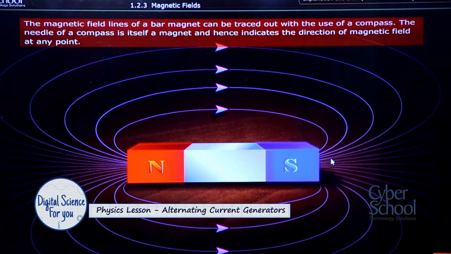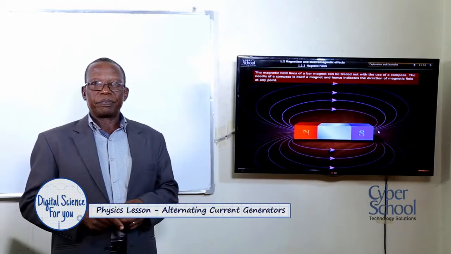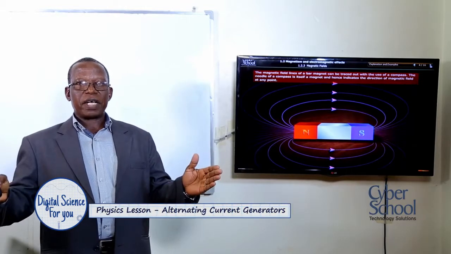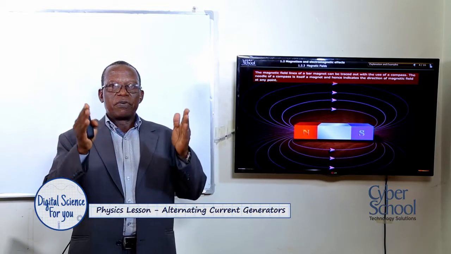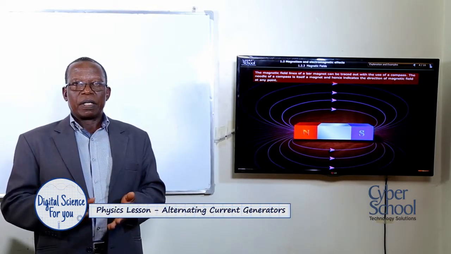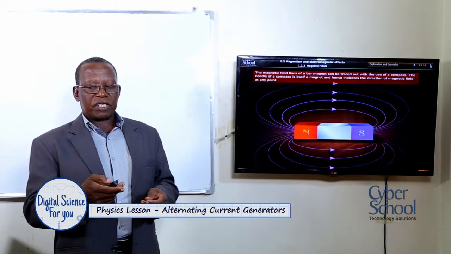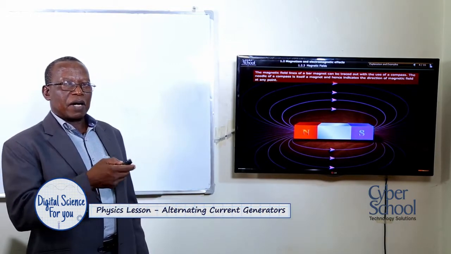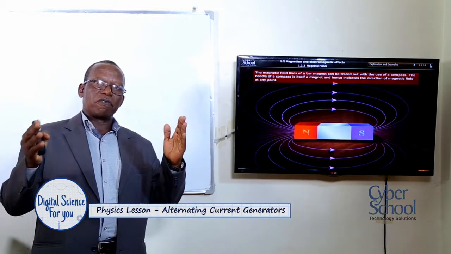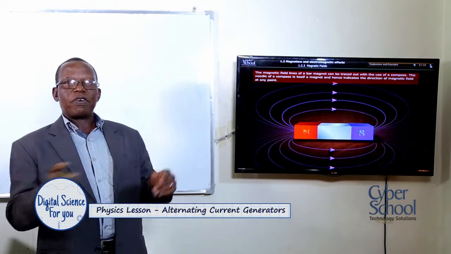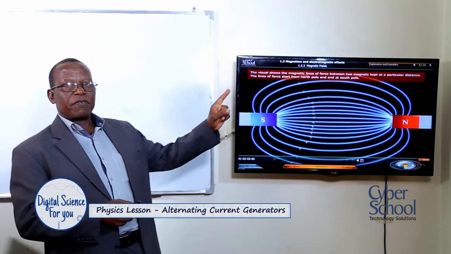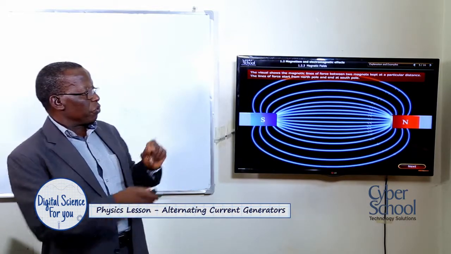Now, when you have two magnets, you have a North Pole of one magnet and the South Pole of another magnet, and then you have a coil of wire in between. Let's first see how the field lines are between the North Pole and the South Pole of the two magnets. You can see that the field lines are running from north to south.